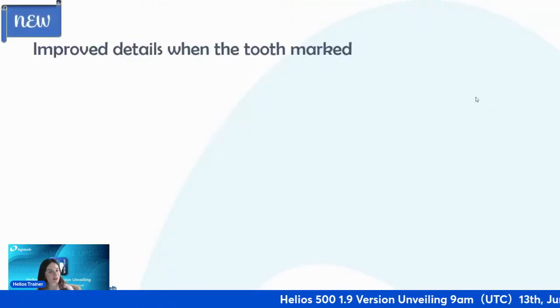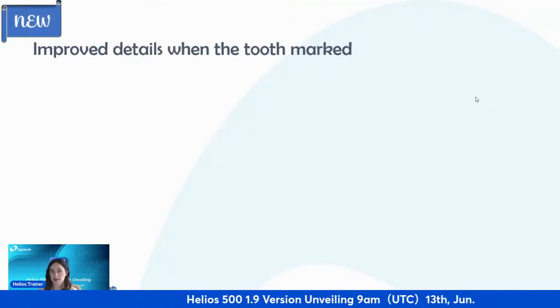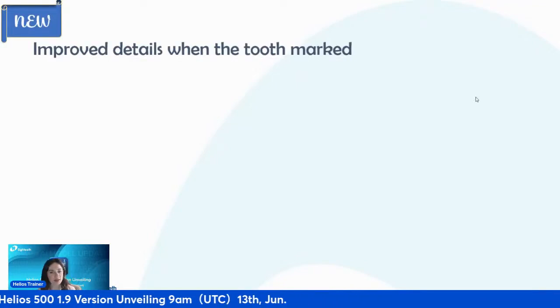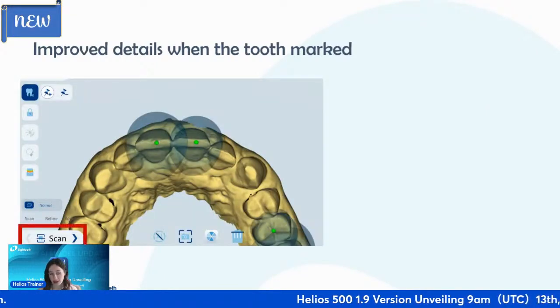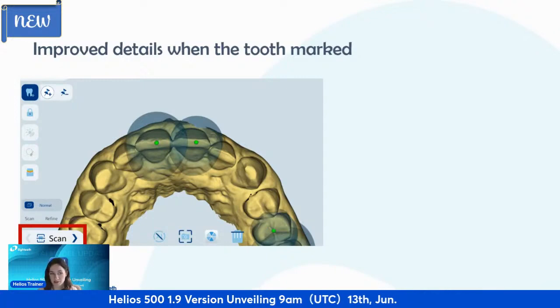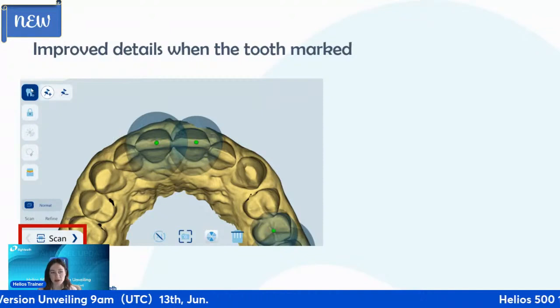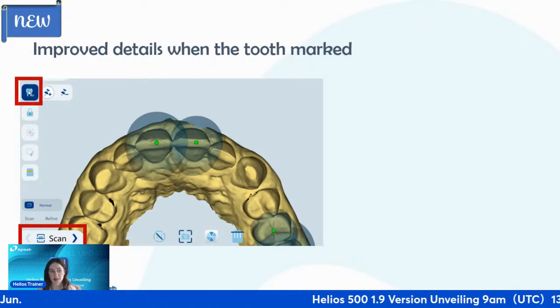And what else is new? Improved details when the tooth is marked. We had that feature already, let me explain what it means. In the scan phase, when you scan a preparation, in the upper left corner we had a tool which is tooth and HD.